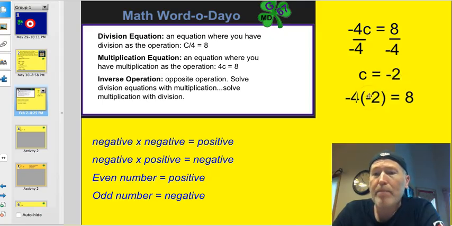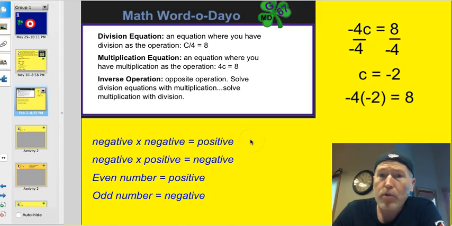I can pop that right back in and see if it makes sense. A -4 times a -2 equals 8. Well, 4 times 2 is 8. I have an even number of negative symbols, a negative times a negative, and that's going to give me a positive answer. So yes, my work checked out. I'm correct. The answer, c, is equal to -2.